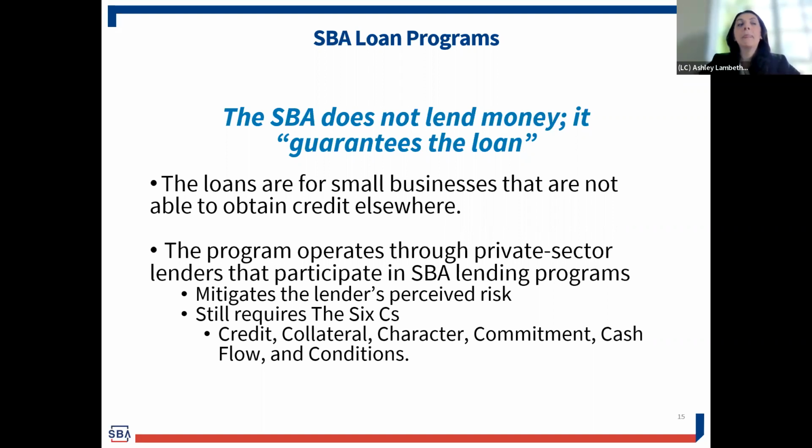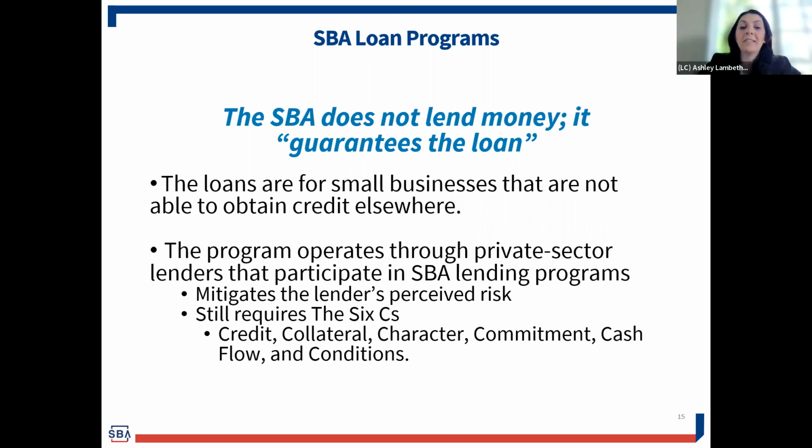Depending on the type of loan, the SBA can back up to 90% of the loan, so it's anywhere from 50 to 90%. We tell the lender, if for some reason this loan defaults, we'll pay you back a large percentage of the money. This mitigates the lender's perceived risk, and more small businesses are able to be funded and get started.